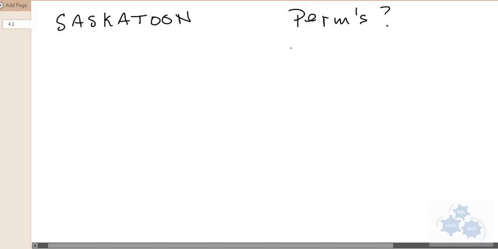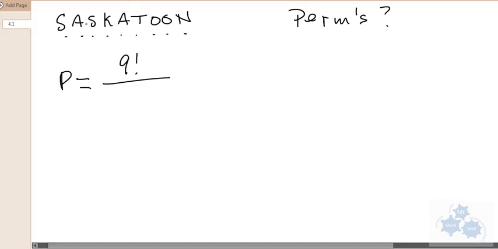Okay, so let's find out how many perms we have in Saskatoon. We could just walk down the street and see how many people have curly hair. We could do that, or we could look at the number of letters that we have. How many letters? 1, 2, 3, 4, 5, 6, 7, 8, 9. 9 factorial.